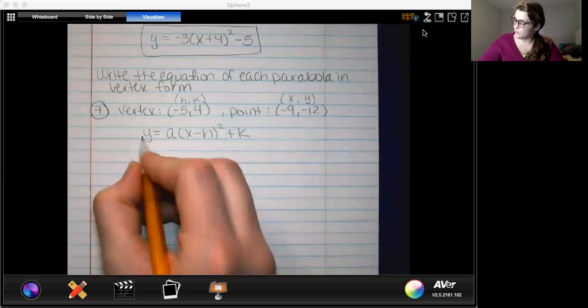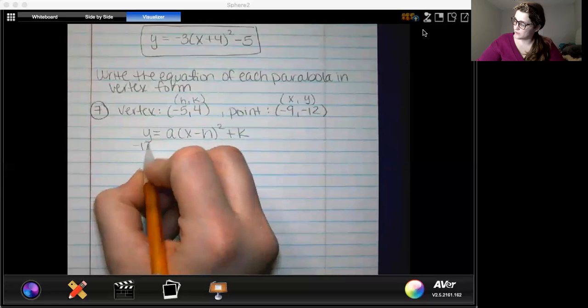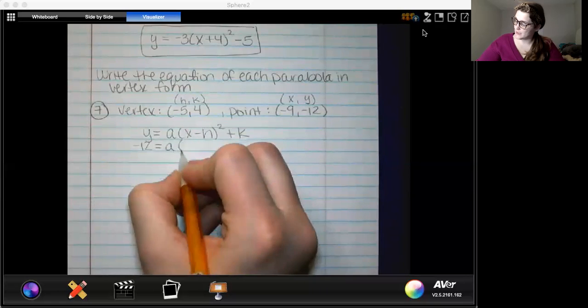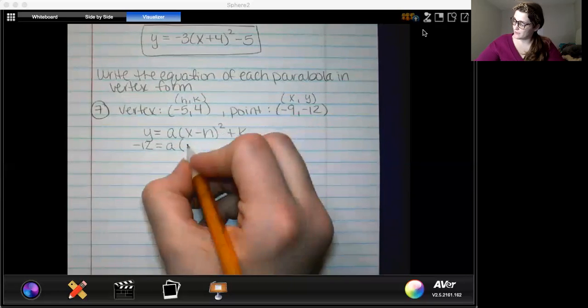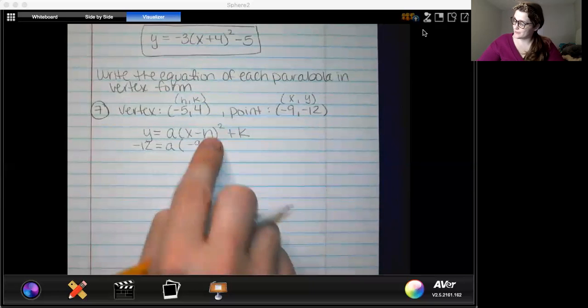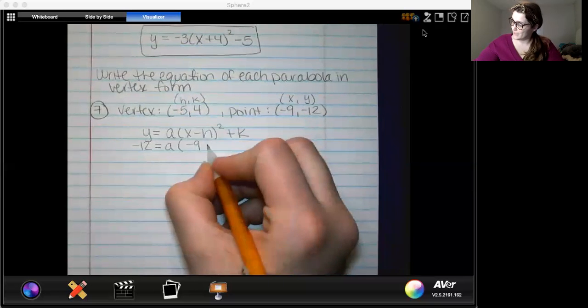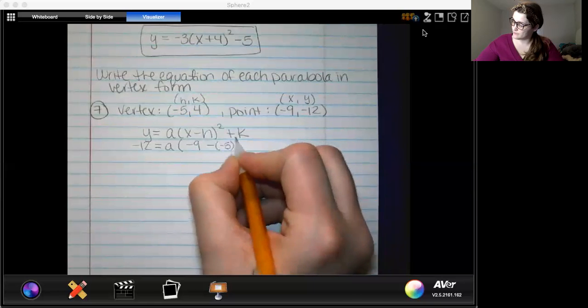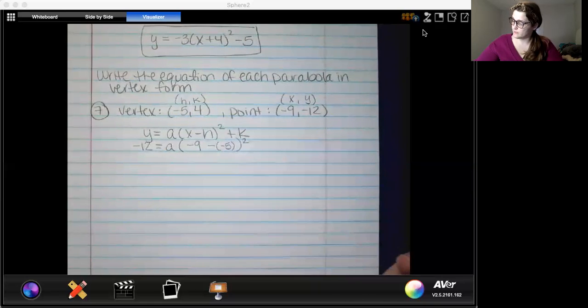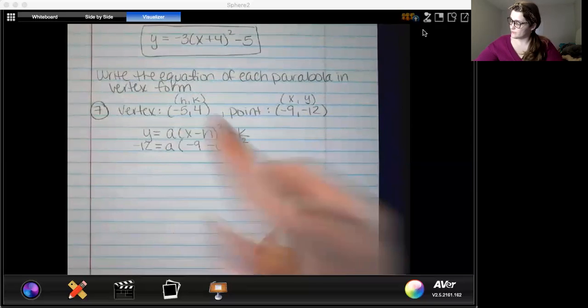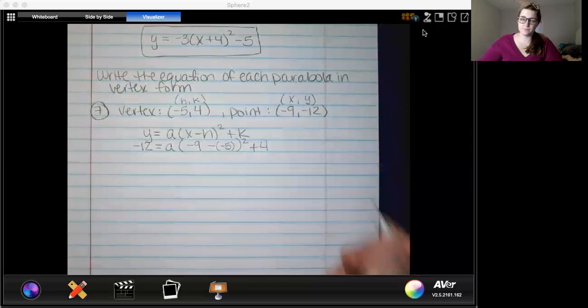So first we have y, substituting -12 equals a times x, which would be -9, minus h, so minus a -5, quantity squared, plus k, so plus 4.